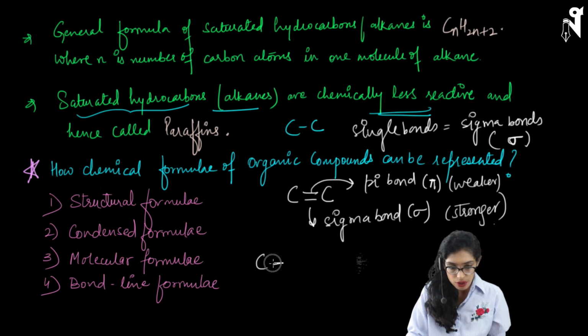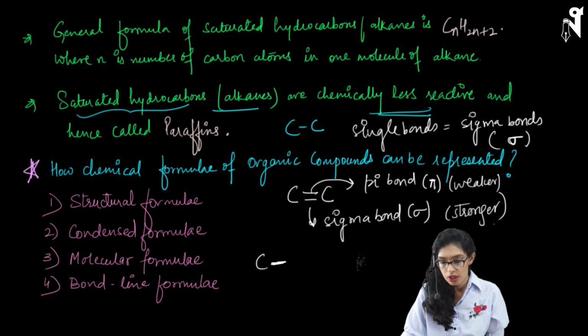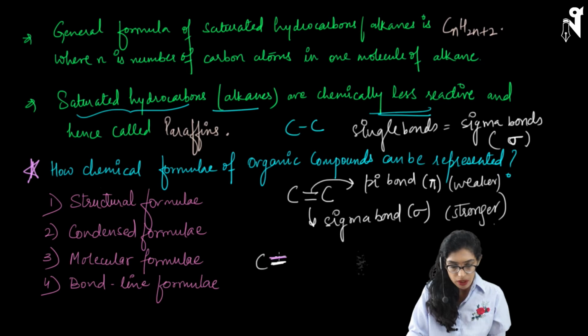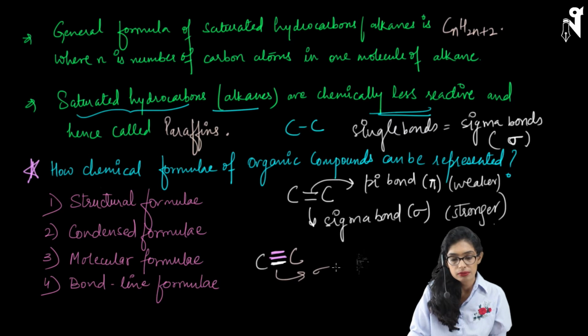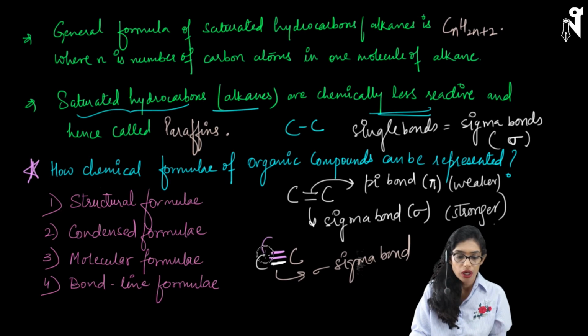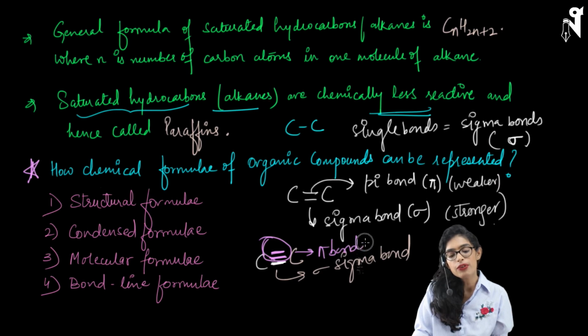So this is your sigma bond, and let me draw it with a different color now. This is pink color. Pink color bonds are your pi bonds. So this is your sigma, and these two are the pi bonds, or you can call them weaker bonds.